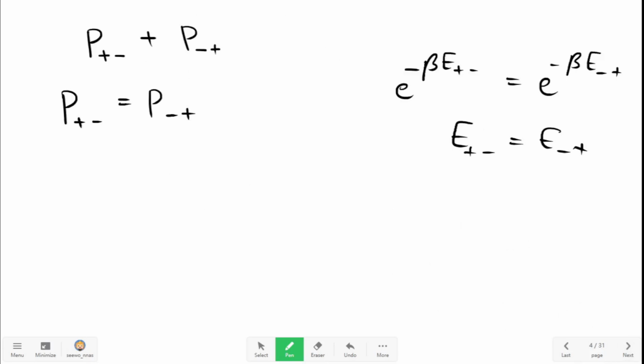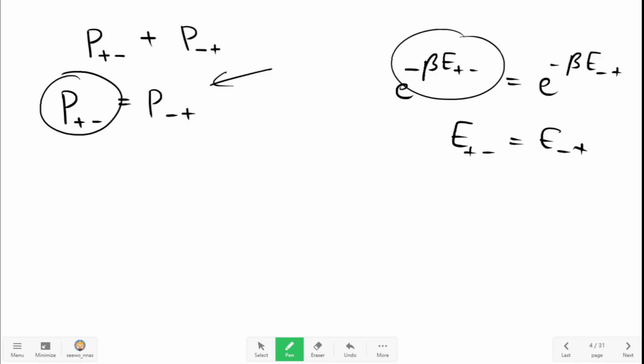Since both are equal, their exponentials will be equal, and therefore their probabilities will also be equal. So we can find P plus minus and then multiply by 2, and we will get the total probability of spins having opposite values.